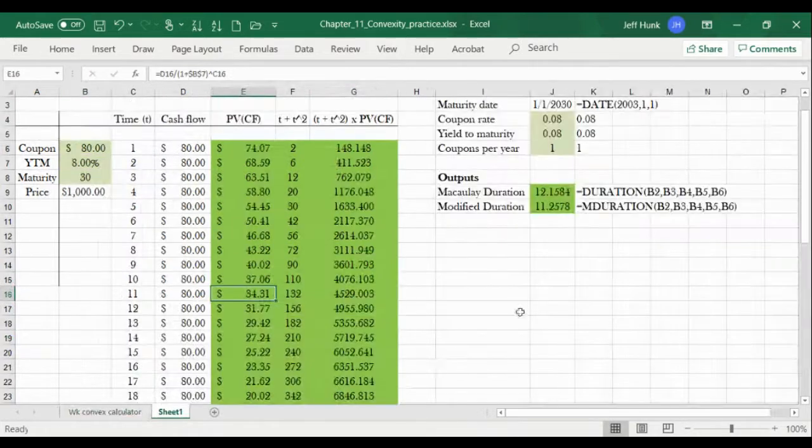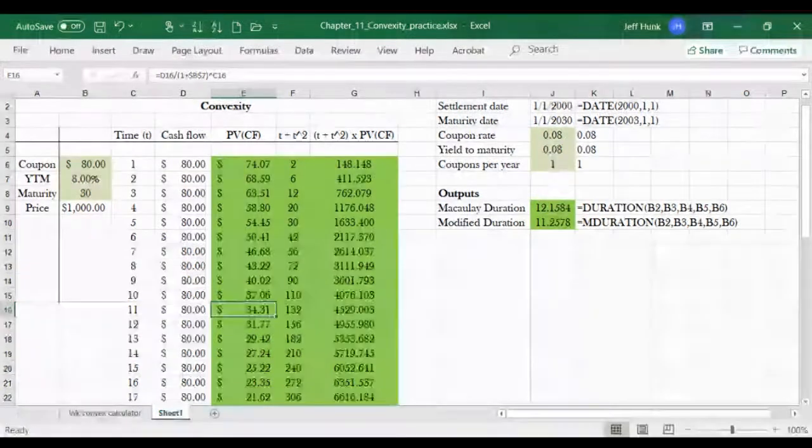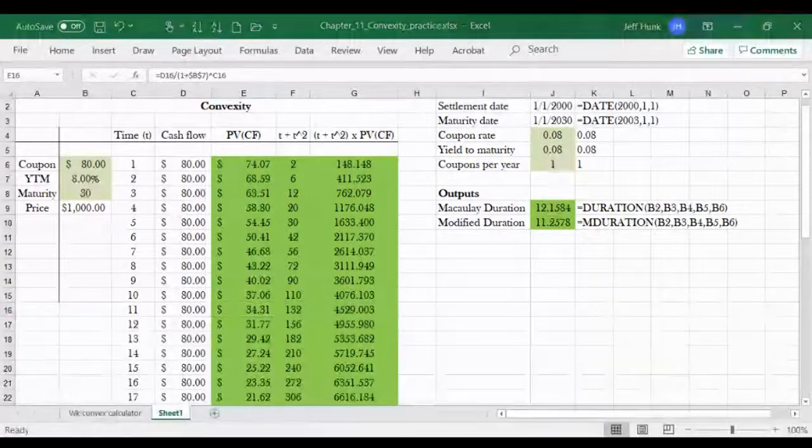Now, what I want to do is verify our example. Remember in our example, what was that? 11.2 example, or 11.4, right?